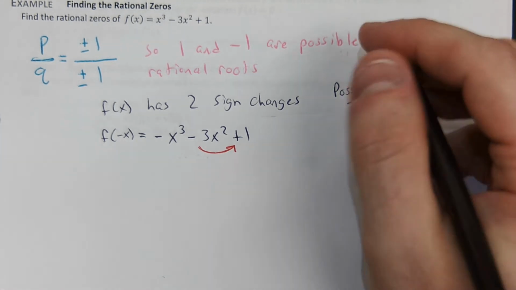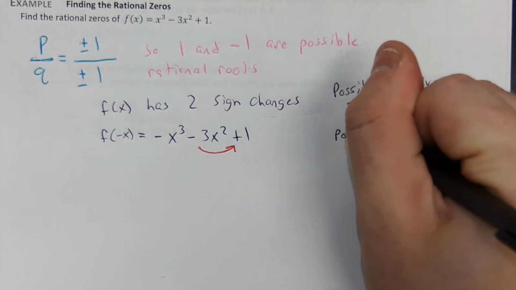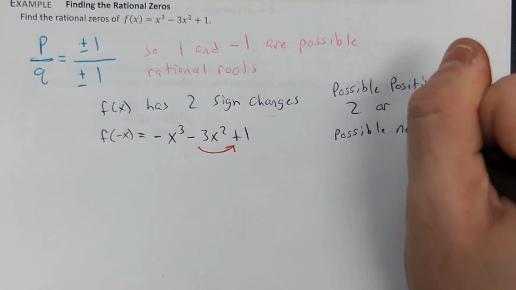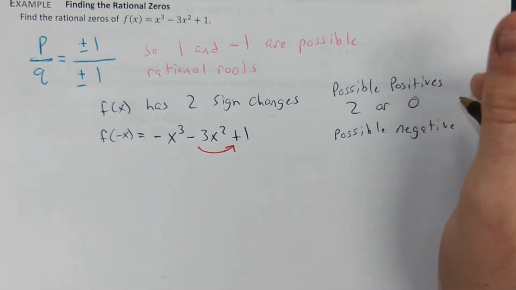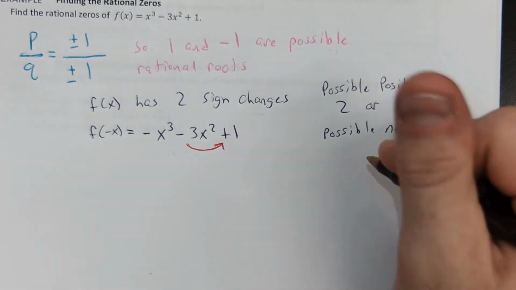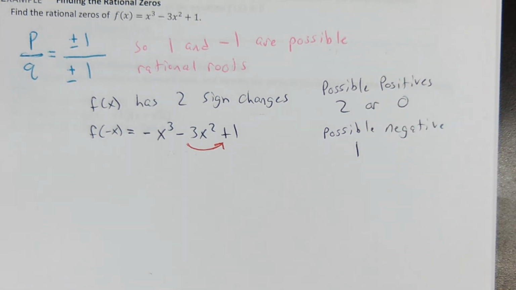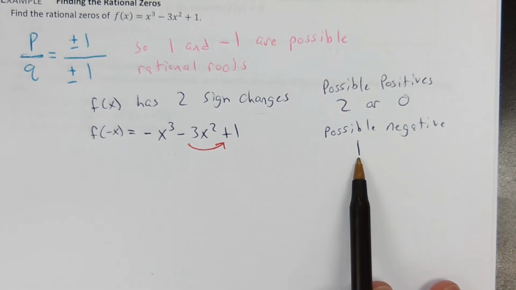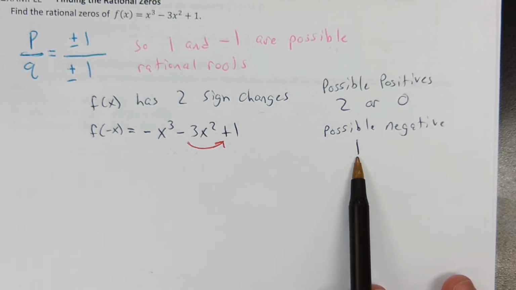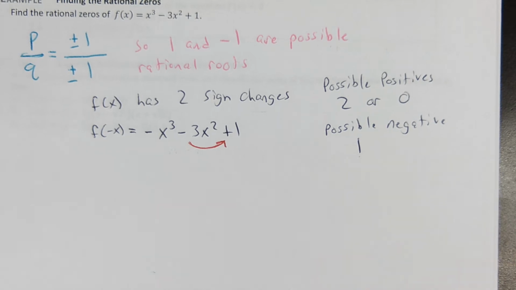So the possible negative real roots is 1. It's almost as if it's guaranteed that I have a negative real root. That's what that implies. Doesn't mean it's rational, but we do know that we have a negative real root.